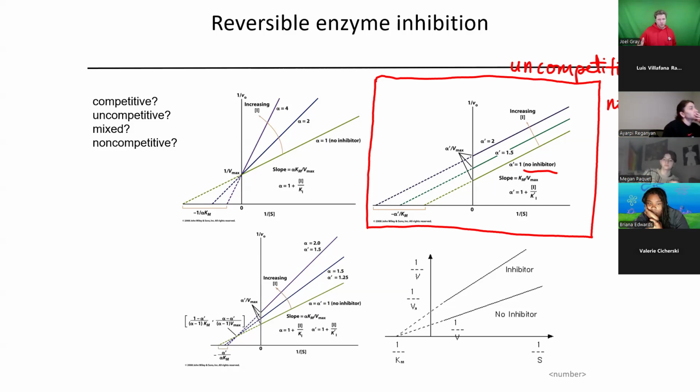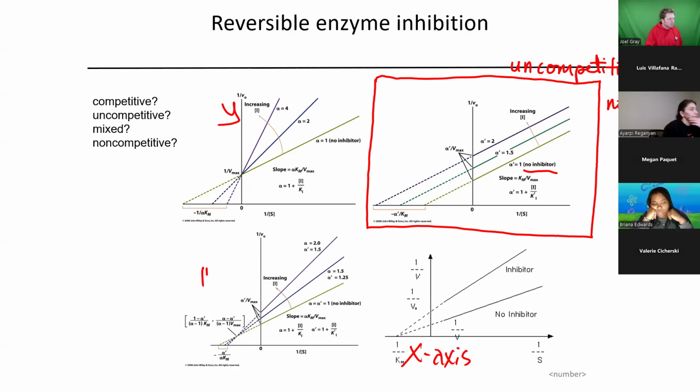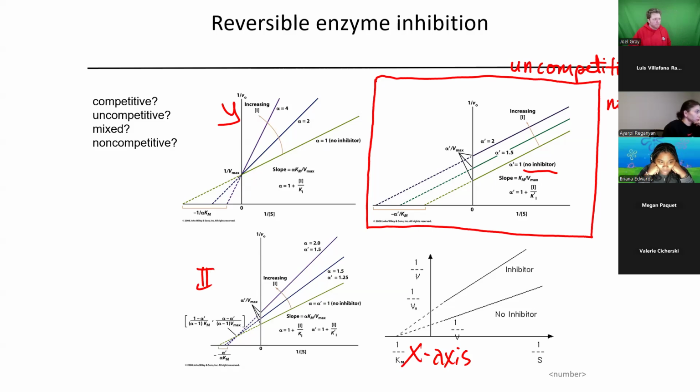When you look at those different lines, what I want you to recognize is their differences from one another. One of them is on the y-axis. Another one is on the x-axis. And then the last one is in quadrant 2.